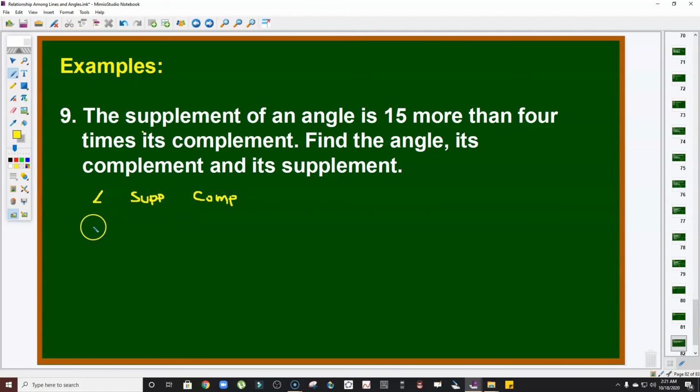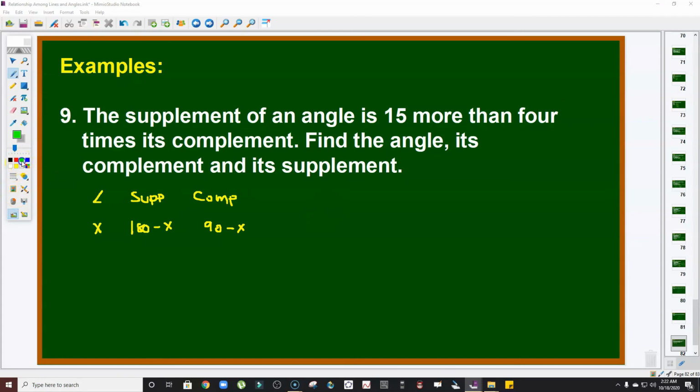Okay, so, suppose my angle is x. So, yung supplement ko, 180 minus x. Clear? Yung complement ko, nung x, 90 minus x. See that? Okay, so let's have the problem. Okay, sabi sa problem, the supplement of an angle.